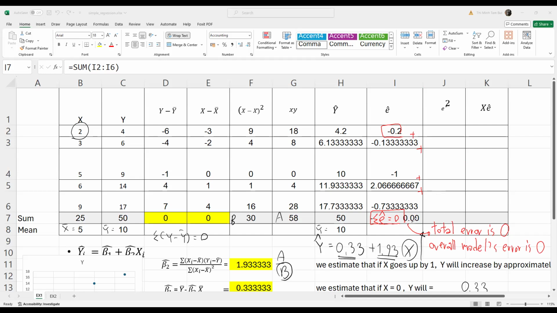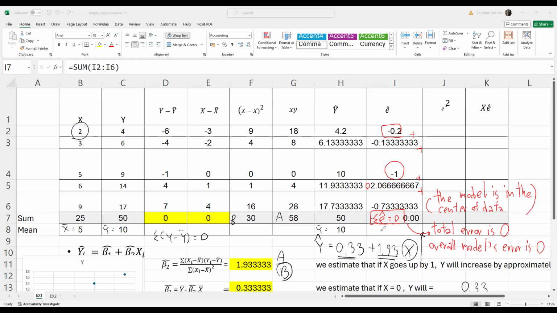It means the model is in the center of the data. Some points may have a positive error, some may have a negative error, but if you sum them all, the total forecast error in the model is zero.